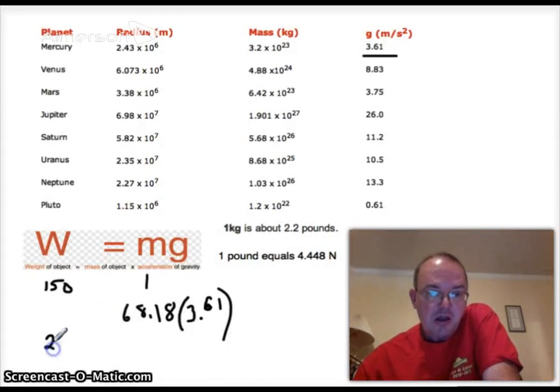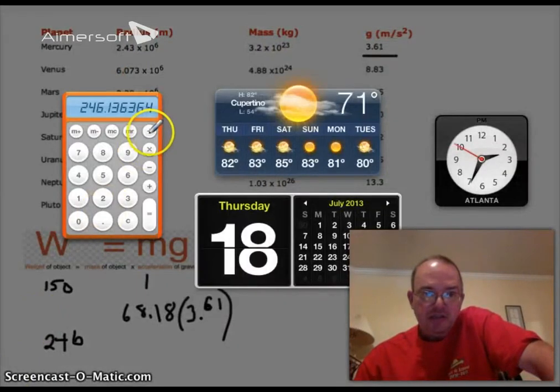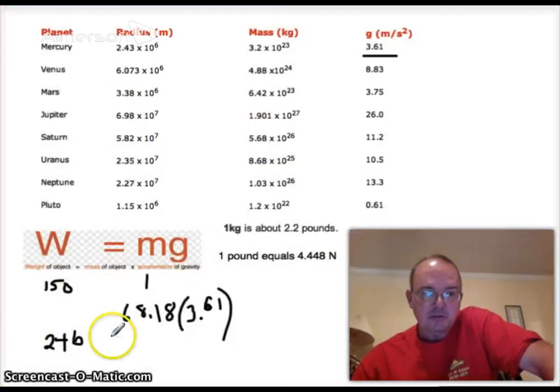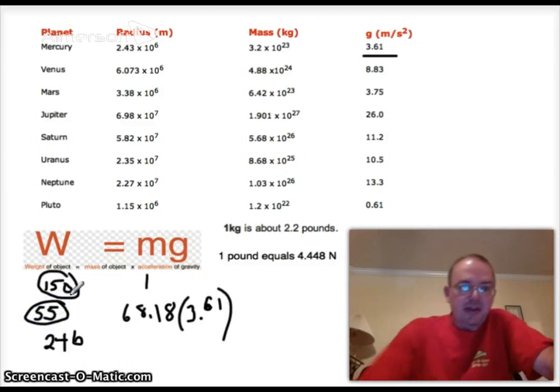And remember, 1 pound equals 4.448 newtons. So we'll divide 246 by 4.448, which equals 55 pounds. So instead of 150 pounds like you have here on Earth, you would only weigh 55 pounds on Mercury. And that's how that would go.